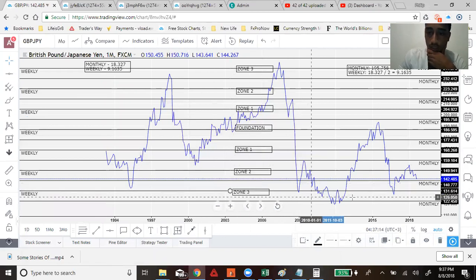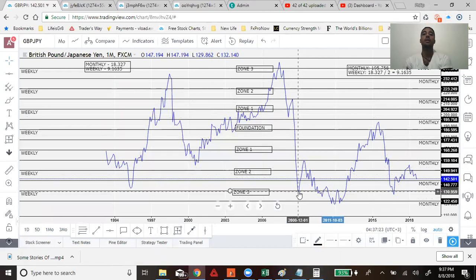Okay, so as we can see, price hit that area, which is pretty interesting to the T. So price went from that monthly, pushed all the way down to that weekly. Just imagine if you got that, you know?